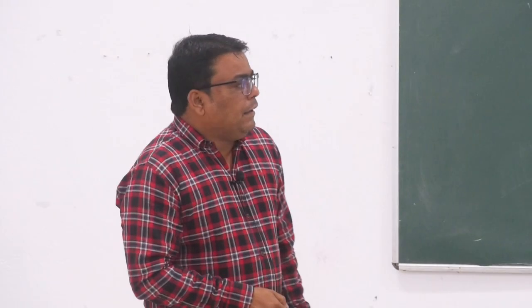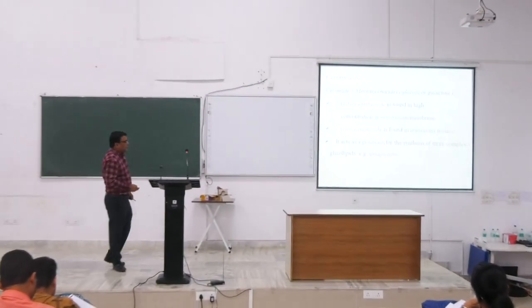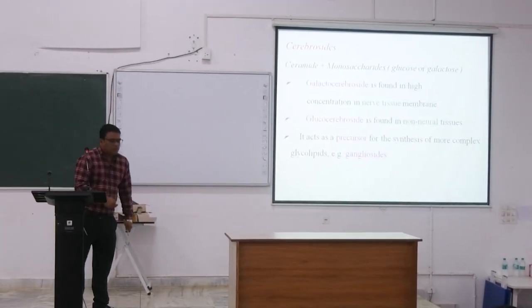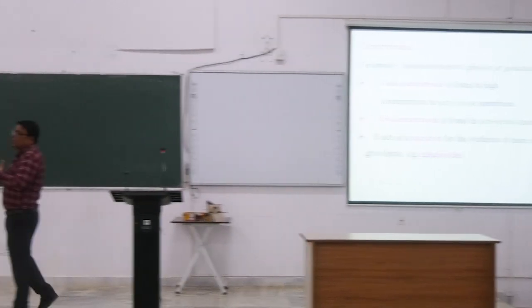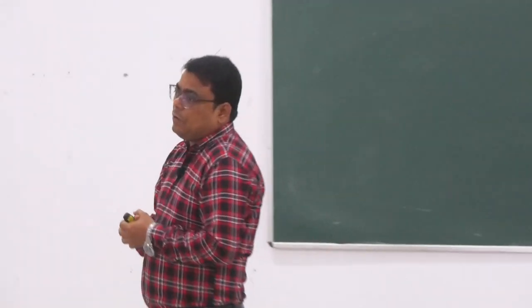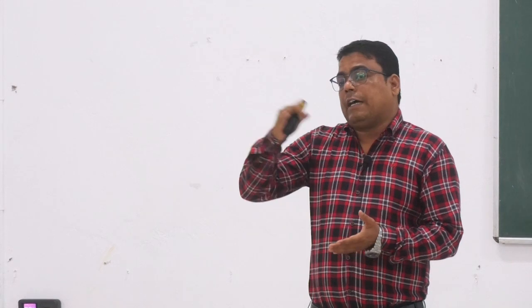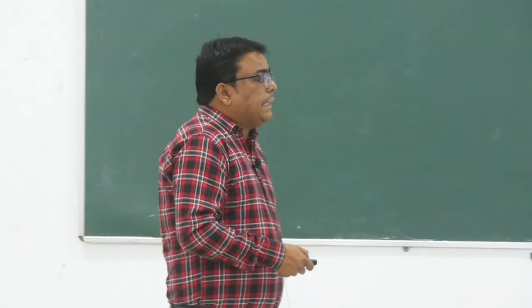Okay. Glucocerebroside is found in non-neural tissues. It acts as a precursor for the synthesis of more complex glycolipids called gangliosides. Why are they called more complex? Because their structure is more complex. A precursor, as you already know, is something that initiates conversion into another compound. So it is a precursor for ganglioside.